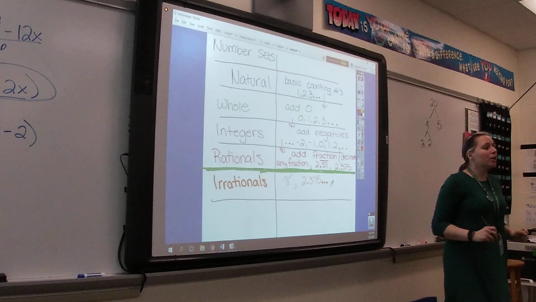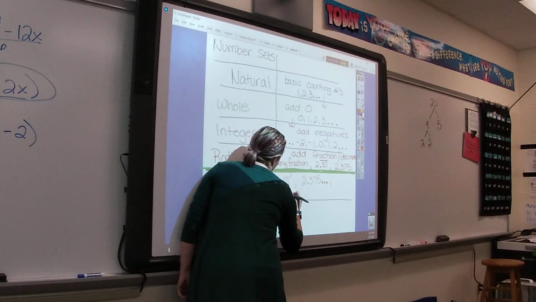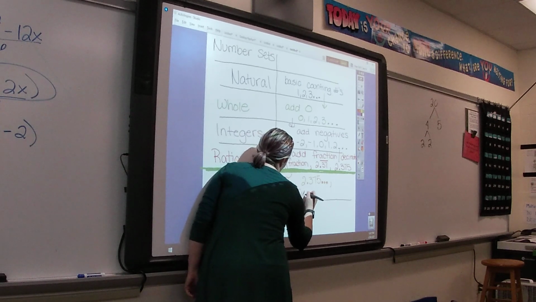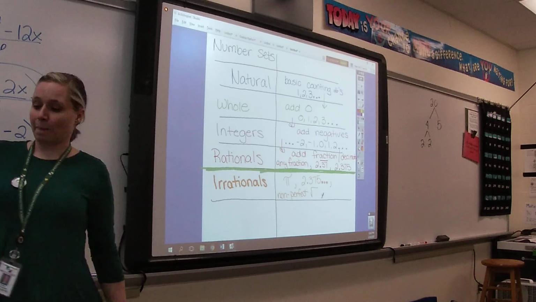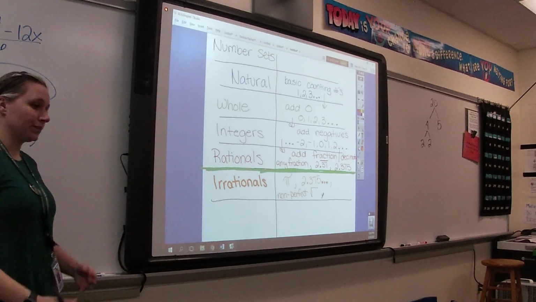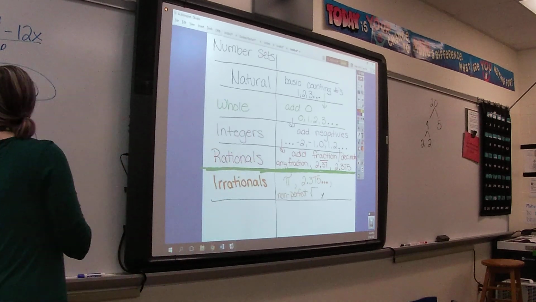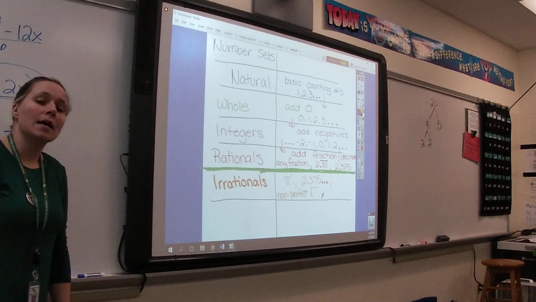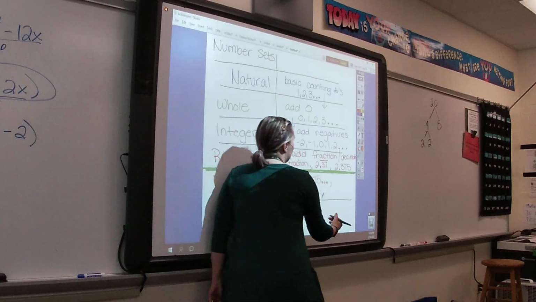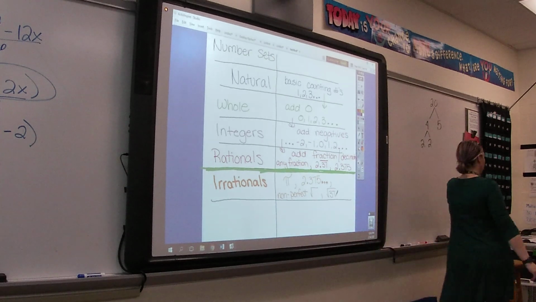This also includes non-perfect square roots. Here's an example. The square root of 37.